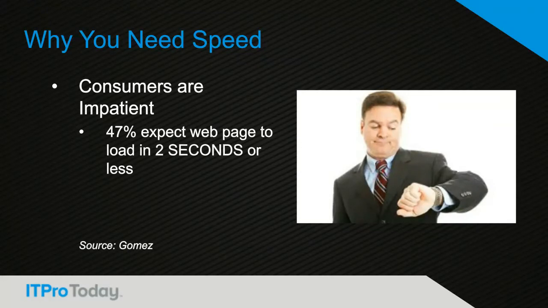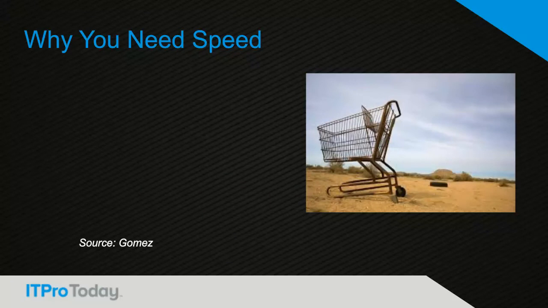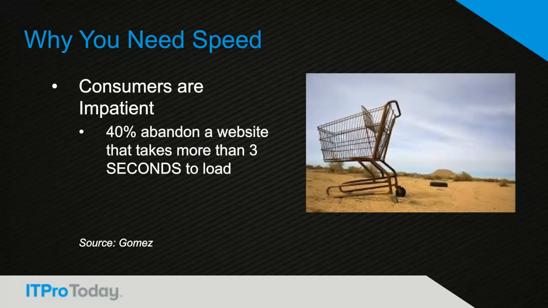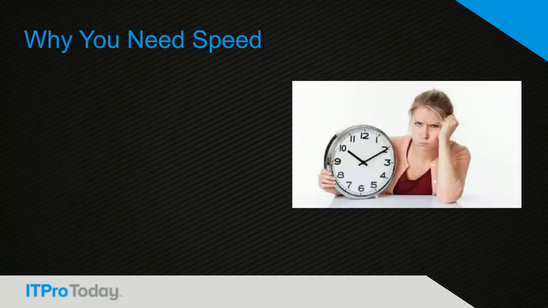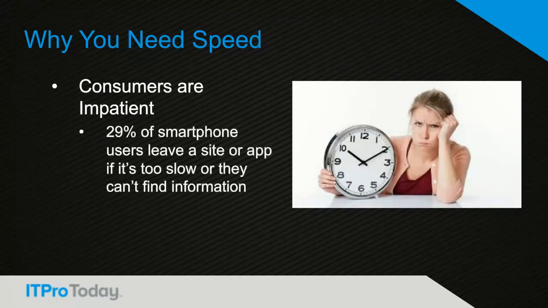Consumers are impatient, as we're saying. 40% of consumers will abandon a website that takes more than 3 seconds to load. So the bottom line here is you've got 2 or 3 seconds to engage most consumers. 29% of smartphone users will leave a mobile website or an app if it's too slow or they can't find the information that they're looking for.